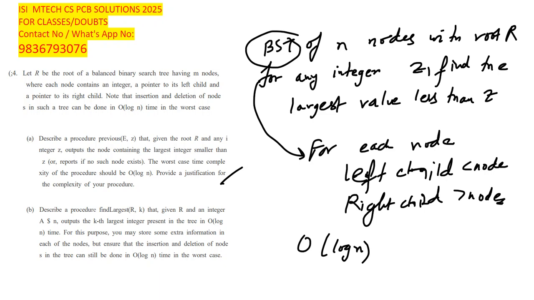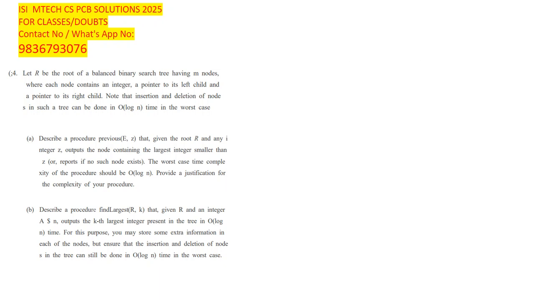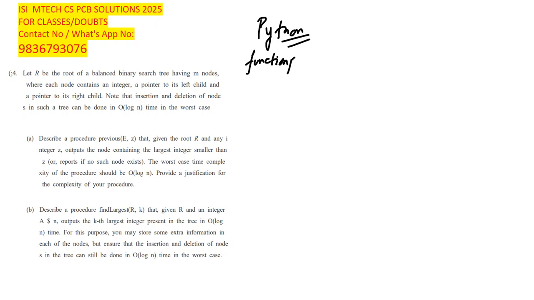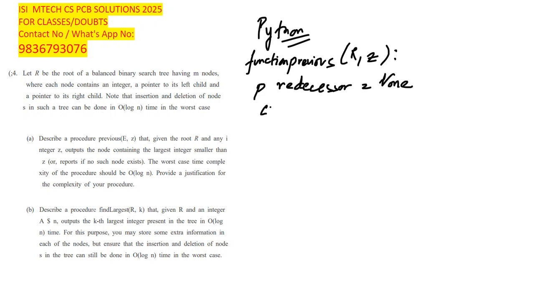So then in Python, how will it look? So for the Python function previous(r, z), predecessor is None. So current is r.